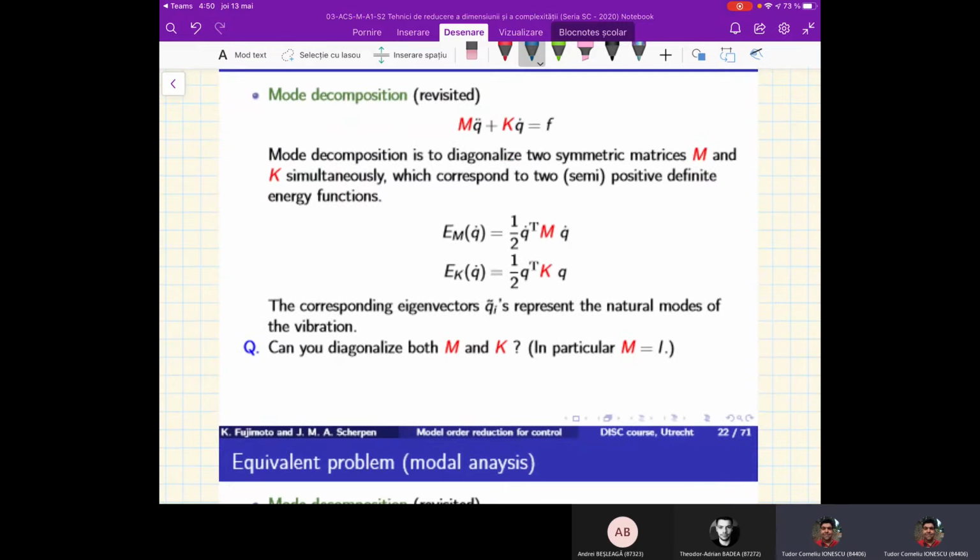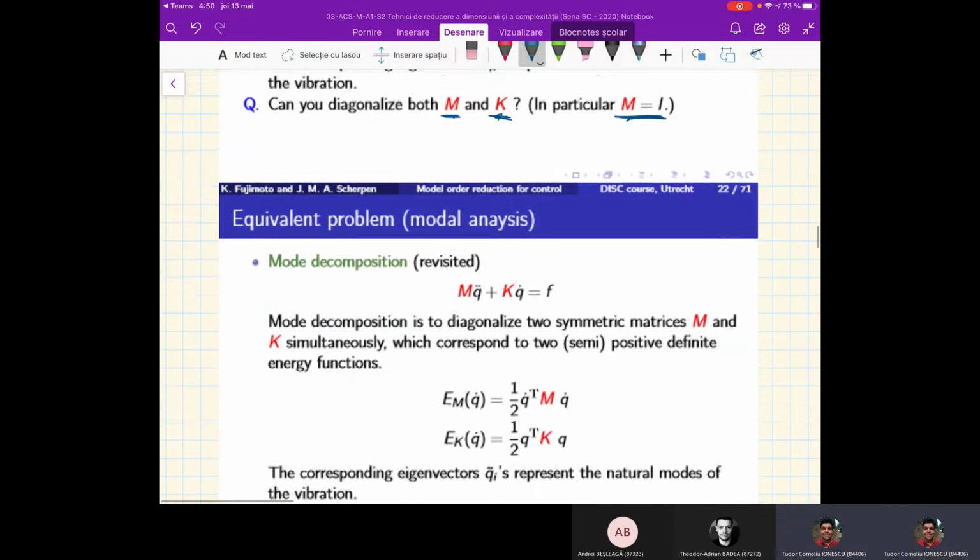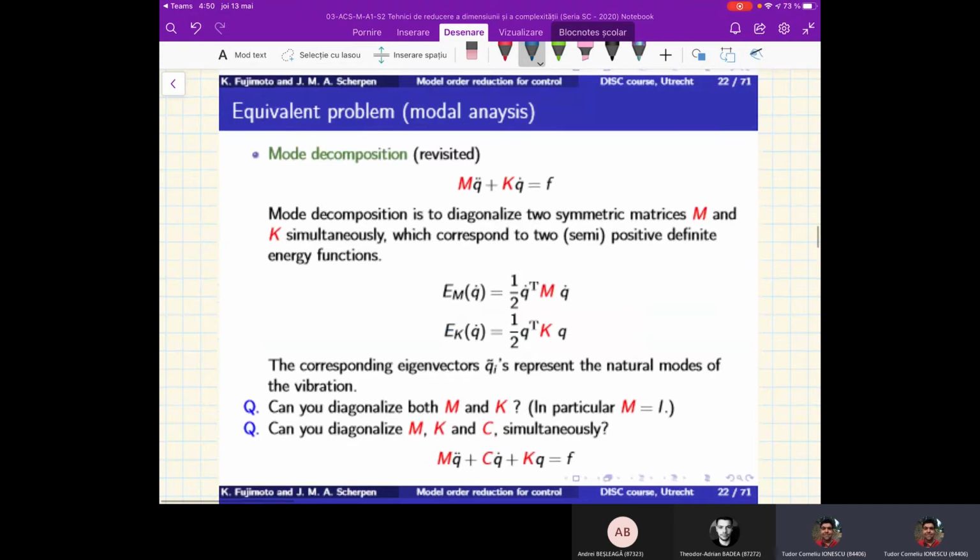So mode decomposition is diagonalizing. The question is whether you can diagonalize both M and K at the same time, because we can do this in balanced truncation with a balancing transformation. Can you do this for this particular mechanical system?